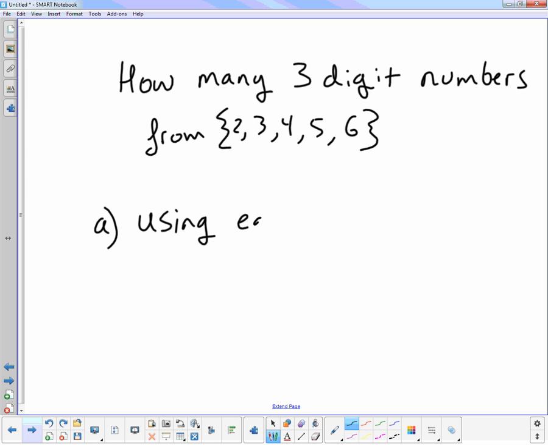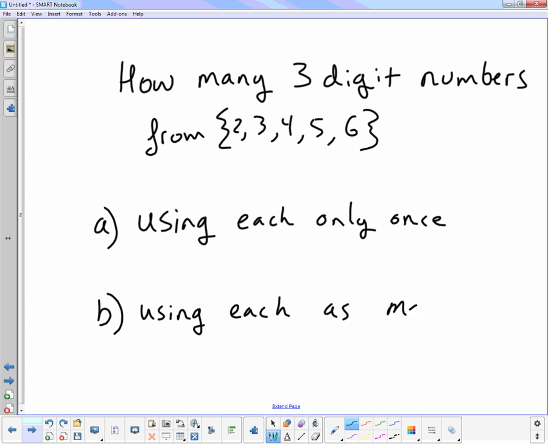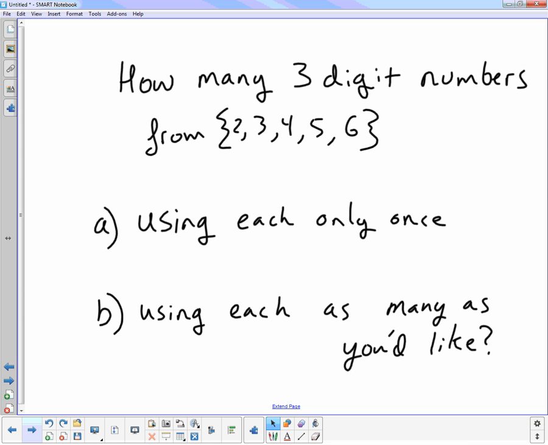Using each only once. And B, using each as many times as you like. So for example, 222 would be a solution in B, but not in A.